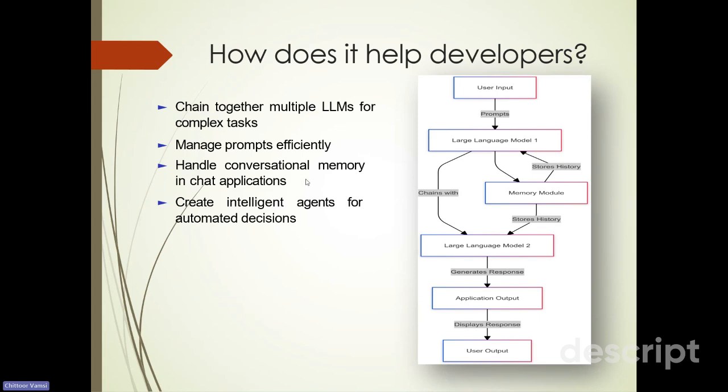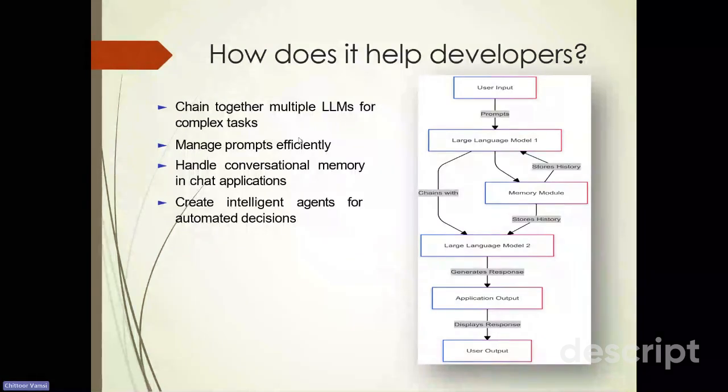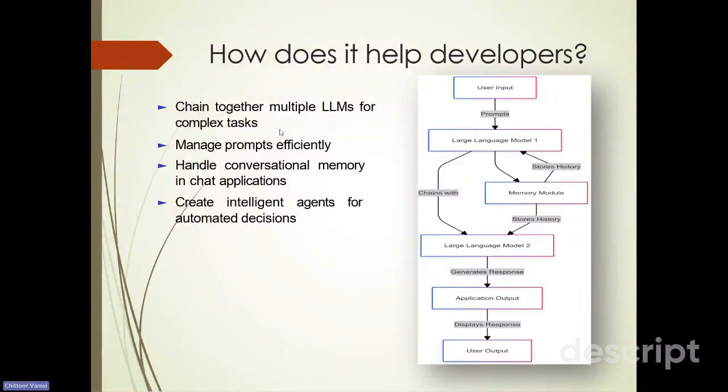This simple flowchart helps you understand how a typical flow of information in the application works, right? The user is going to ask a question, and we know the prompts would be maintained and supported by LangChain, and there is a large language model. Let's suppose there are two large language models in the typical application.